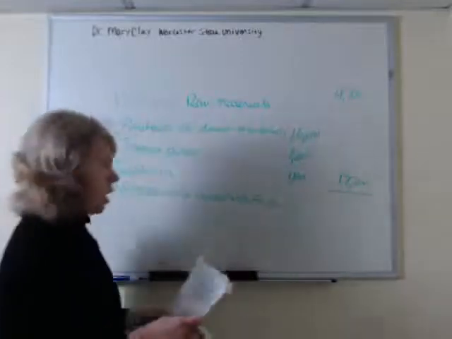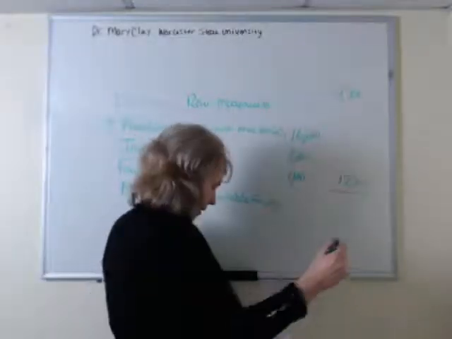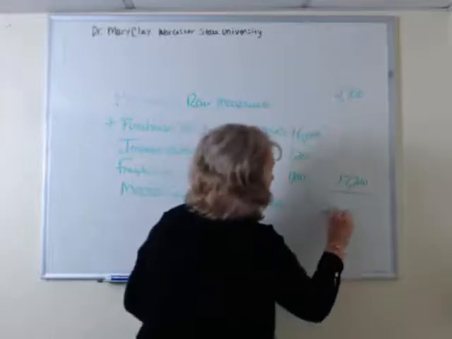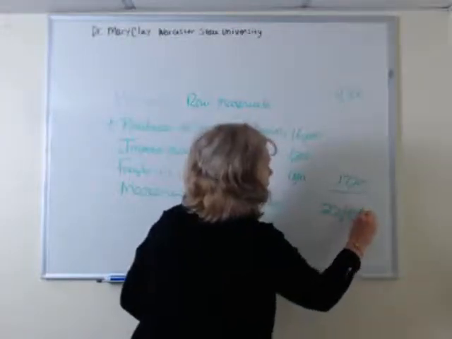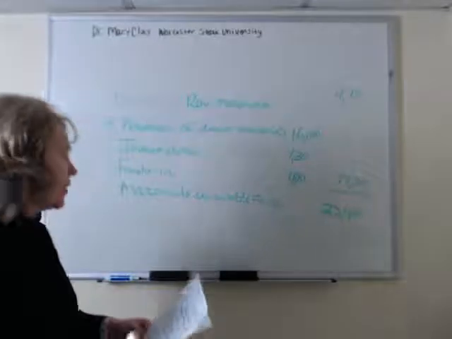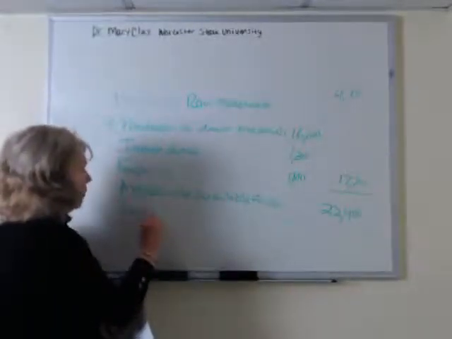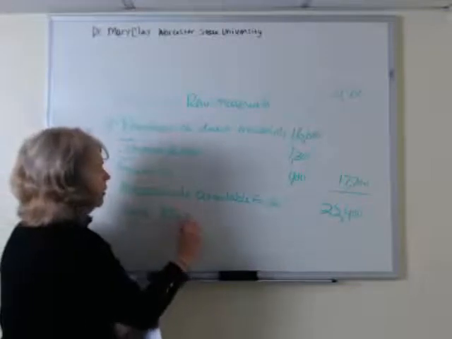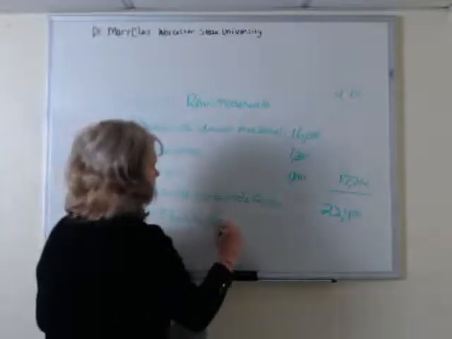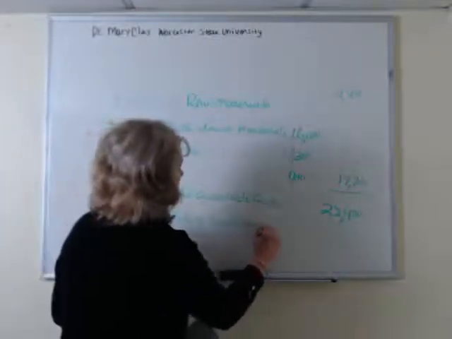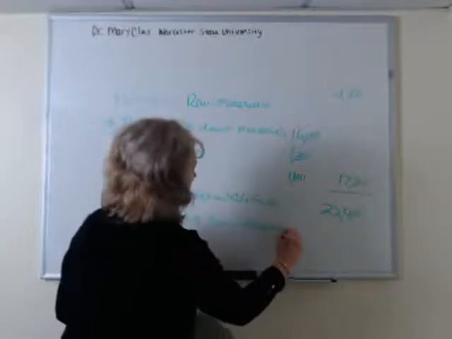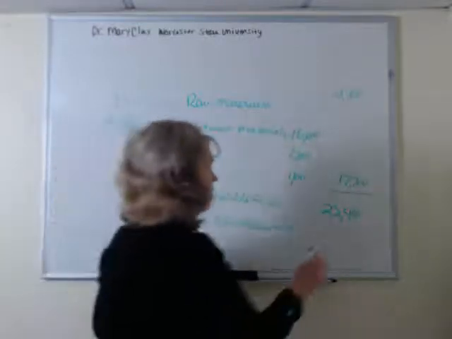Add this plus this, that gives me $22,400. I'm almost done. Now I'm going to subtract less my ending raw materials. And that gives me $1,200.